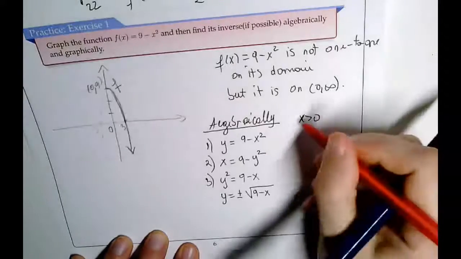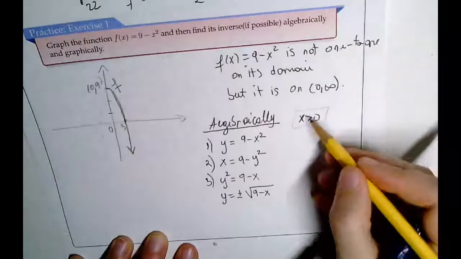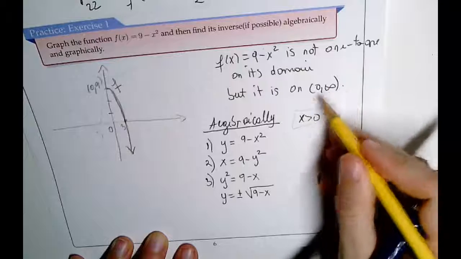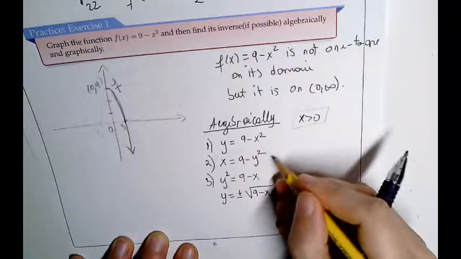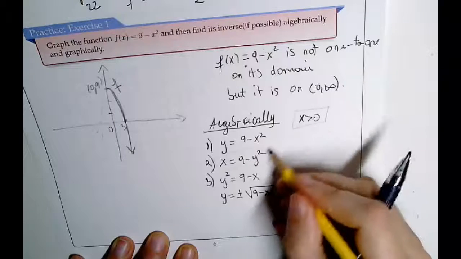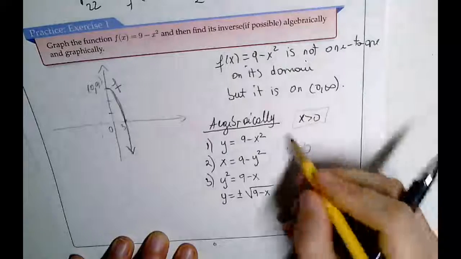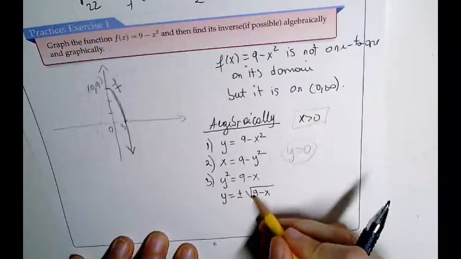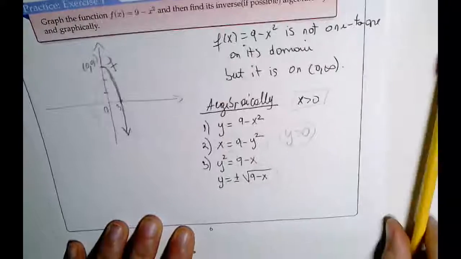Notice that when I first started, I had the restriction that x is greater than 0. But when I switch the x and y, what was the restriction? Instead of x greater than 0, I'm going to have y greater than 0. So this tells us that we're going to pick the positive one, because y has to be greater than 0.